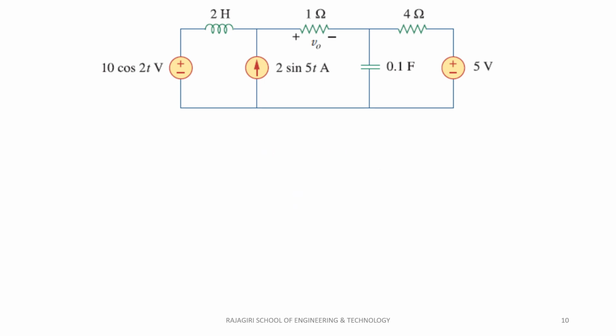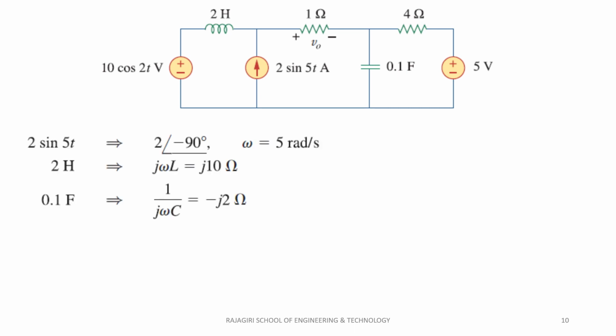When we consider the 2 ampere current source with omega equal to 5 radians per second, we observe a phase shift of minus 90 degrees since i of t is equal to 2 sine 5t amperes. We short circuit the 2 independent voltage sources, one AC and one DC.